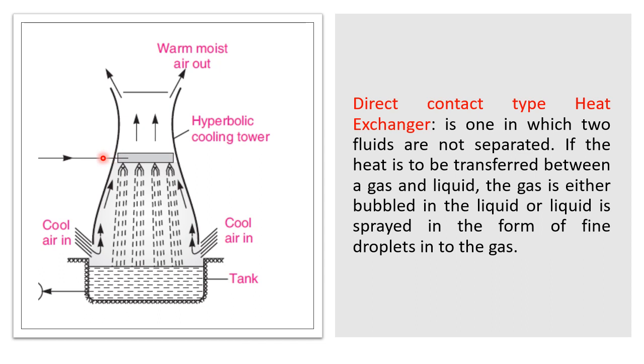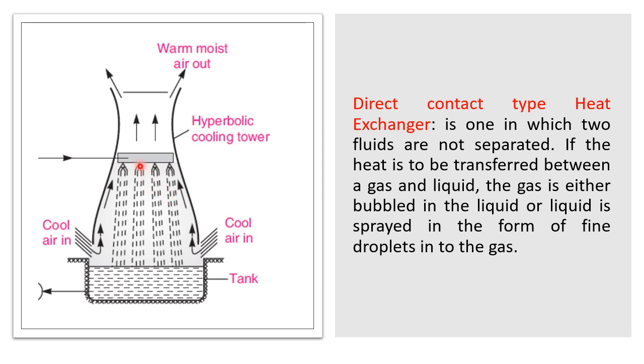So in the cooling tower, the hot water is sprayed at the top in the form of fine droplets. At the bottom of this cooling tower, the cold air is forced to move upside.